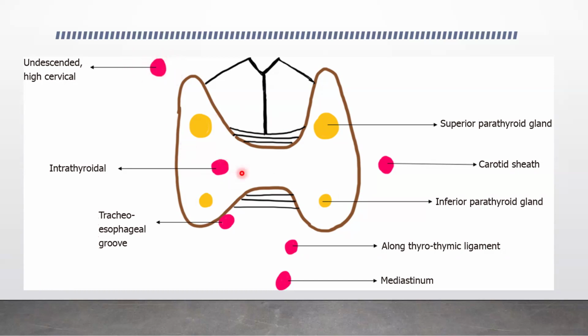They can be intrathyroid or inside the thyroid. They can be between the trachea and the esophagus, so tracheoesophageal parathyroid glands. They can be along the thyroid and the thymic ligaments, and then they can also be formed in the mediastinum or maybe in the carotid tissue. Those are just ectopic regions of the parathyroid glands.